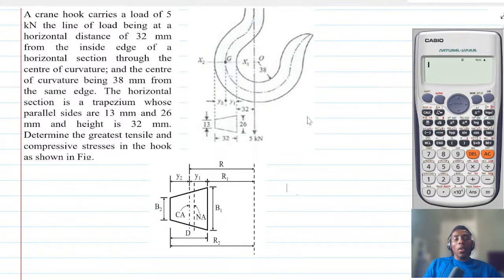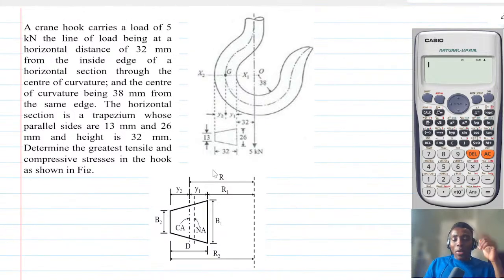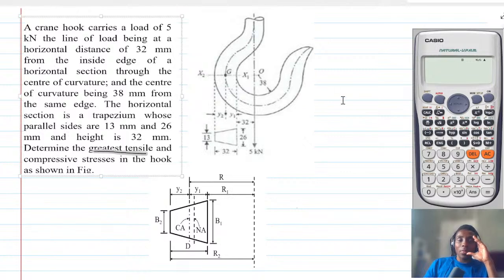Okay. So in this question, what do you see? You see that there is this crane hook, but it has a trapezoidal cross section. But we have every information here. So all you have to do is to calculate the stresses, the compressive and then the tensile stress.